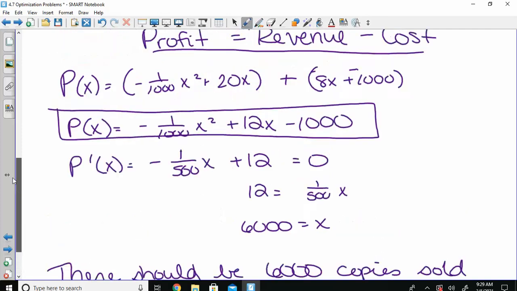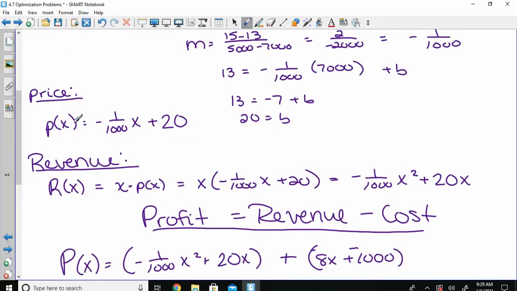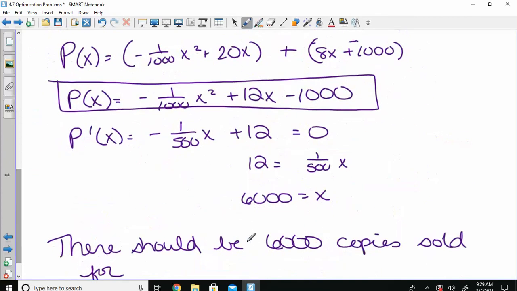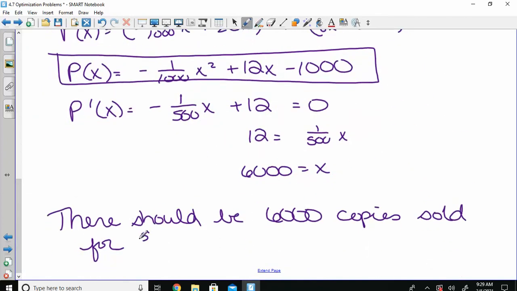Plug it into the price. So our price was right here. So if you plug 6,000 into that, you get 14. So if I'm going to make the most money possible, then I'm going to print 6,000 copies and charge $14 each for them.